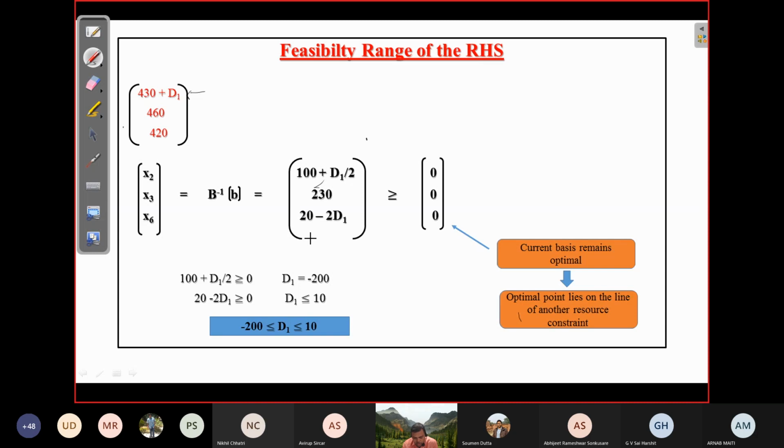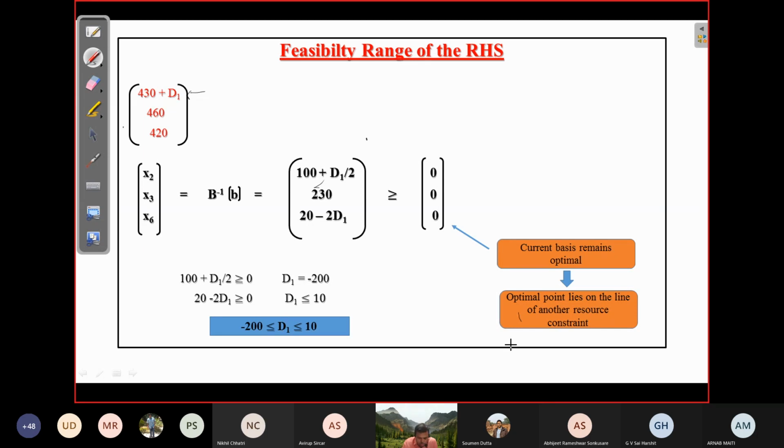If you go beyond this, then your basis will change. That means you have to compute a new basis for the optimal solution. The current basis will be infeasible. Then you have to apply dual simplex and compute the new optimal basis. Is this clear? So this is a numerical approach of finding the feasibility range of a particular resource.